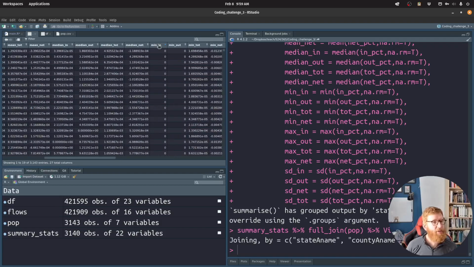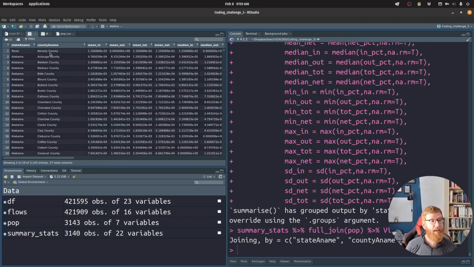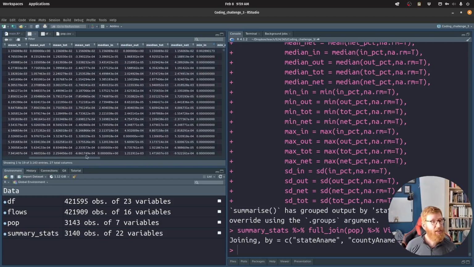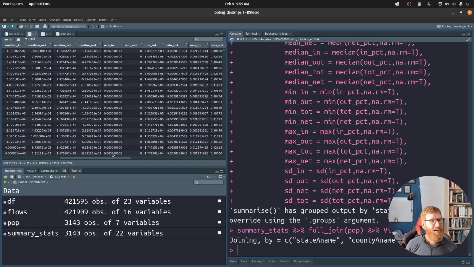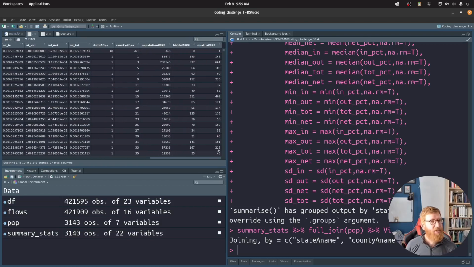Let's see. If we look for the one with the highest min, this is Kennedy County. This one's by Corpus Christi. Kennedy County has the highest minimum in percentage, but its population is only 346. So a few people move and it looks really big.